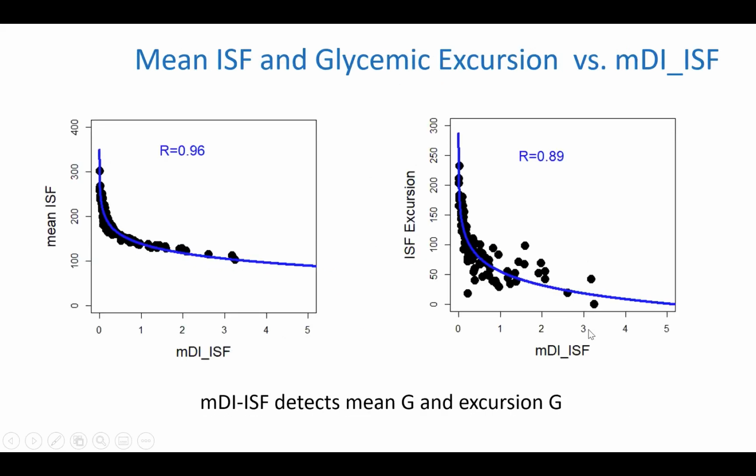This is the result. On the left panel, the y-axis is the mean glucose and the x-axis is MDI with ISF. It correlates excellently, R is 0.96. And the right panel is glucose excursion, which is also strongly correlated.